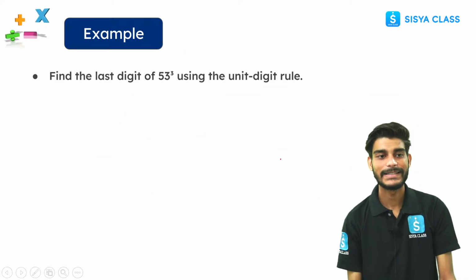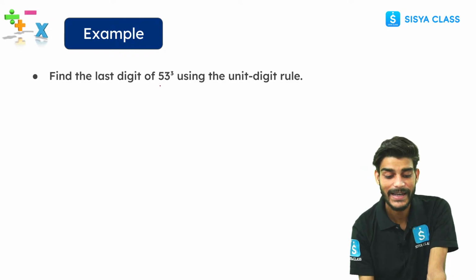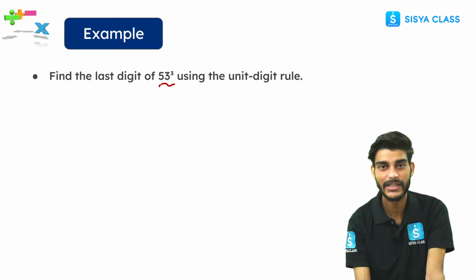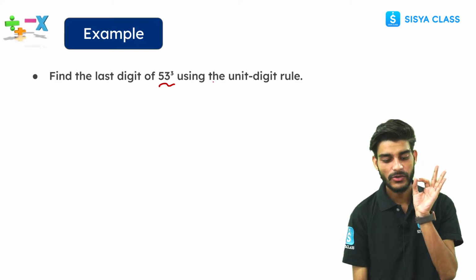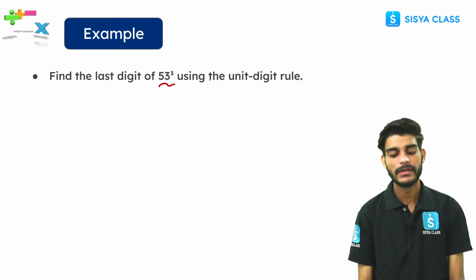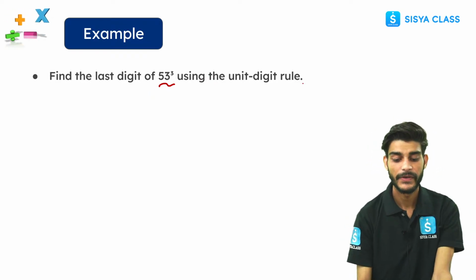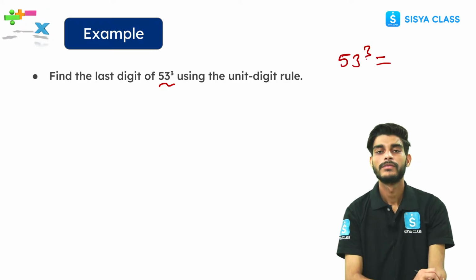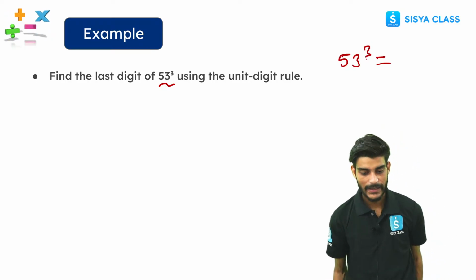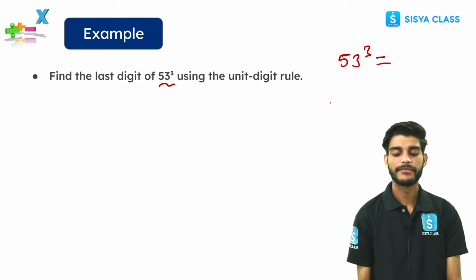Now let's go to example number 2. Find the last digit of 53 cube. Last digit of 53 cube using the units digit rule. You remembered? 53 cube. What is the last digit of 53 cube?